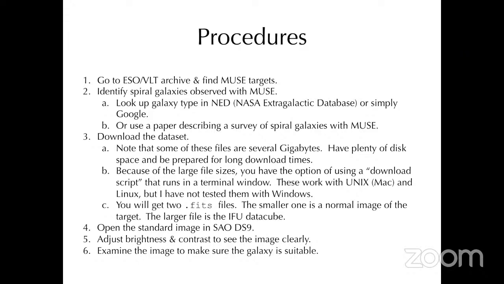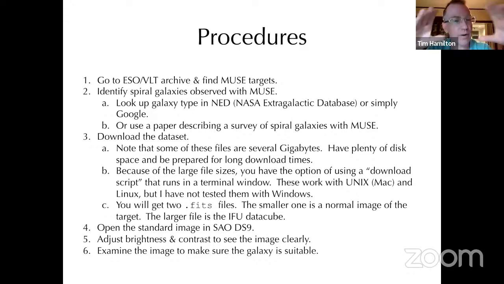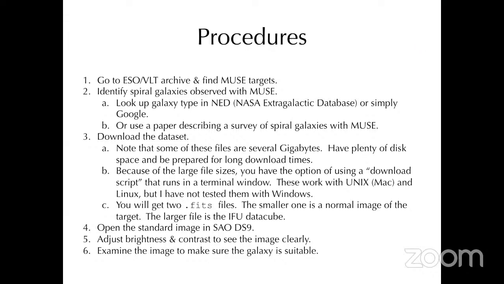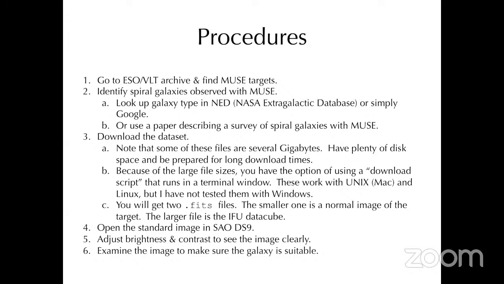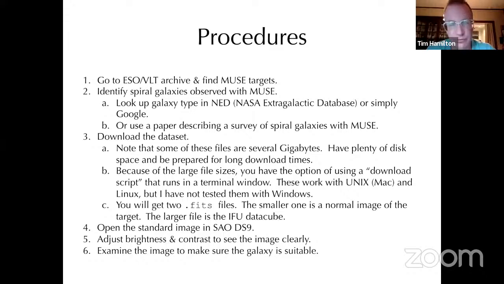The first one, the smaller one, is simply a regular image. Probably they simply took a few frames from the spectrograph and then made those into an image there. That allows you to get an overall view of what you're seeing there without having to worry about the spectral lines. The larger one is going to be your integral field spectrograph data cube, which is what we'll do the analysis on. So first start with a standard image, the smaller one.